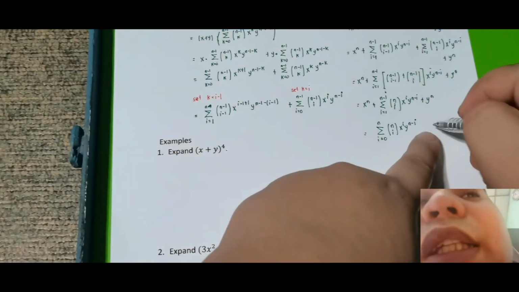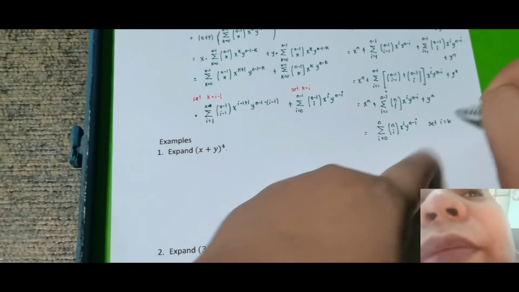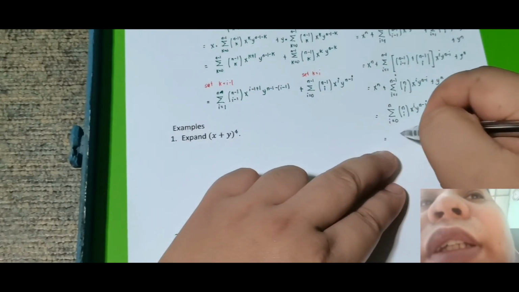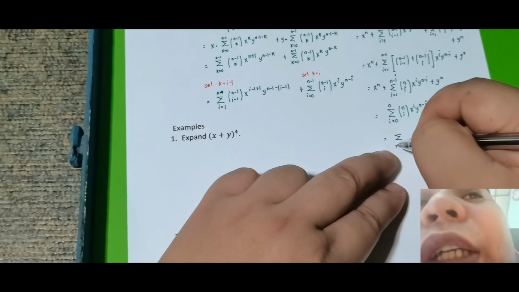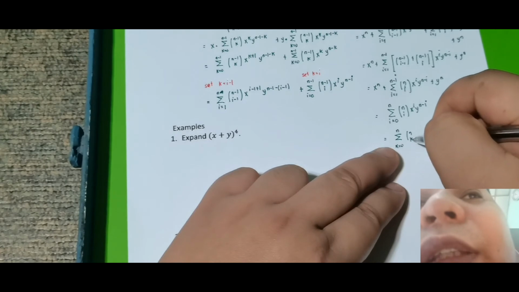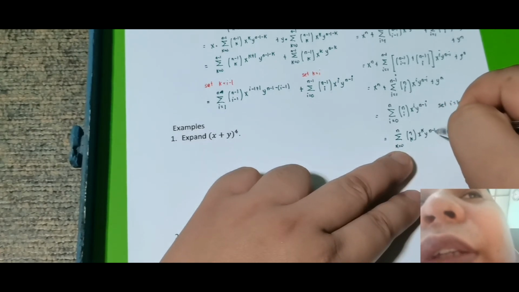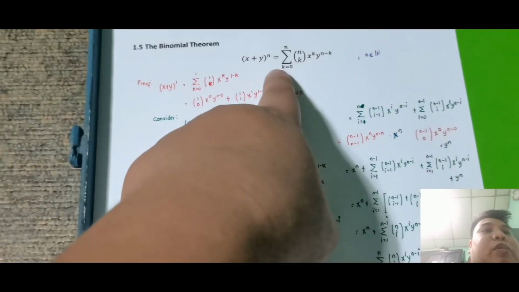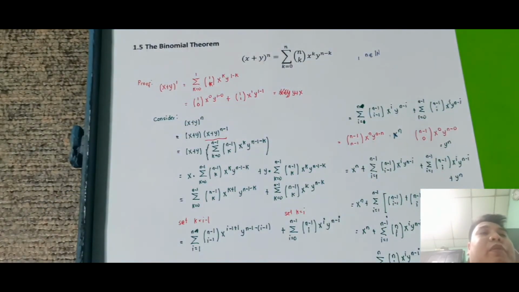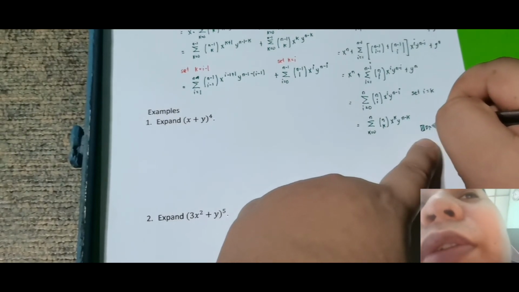Then let's bring back k, or set i to be k. So therefore this is just equal to the summation for k equal to 0 up to n of n taken k, then x raised to k, then y raised to n minus k, and therefore this is done, because I got our formula of the binomial theorem, using PMI, our proof by mathematical induction.